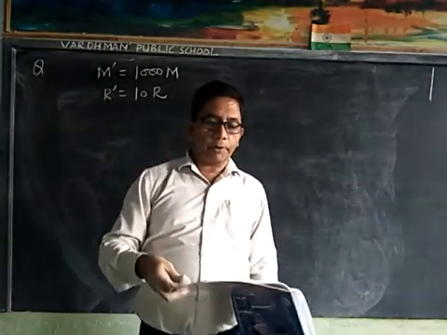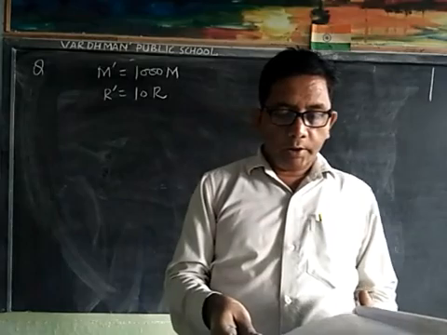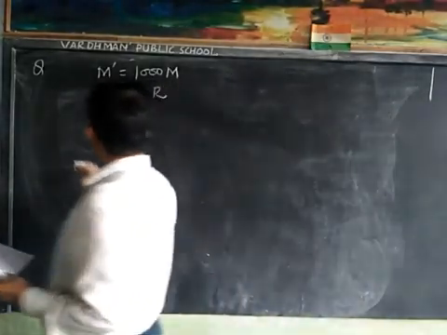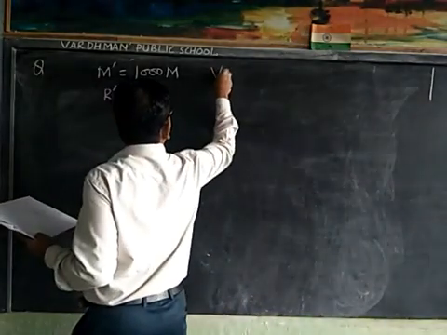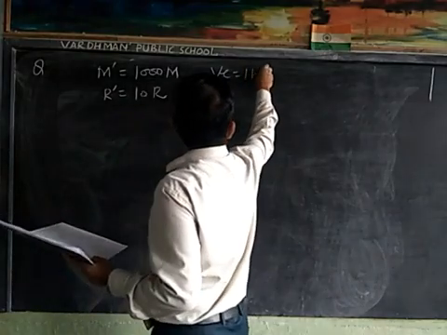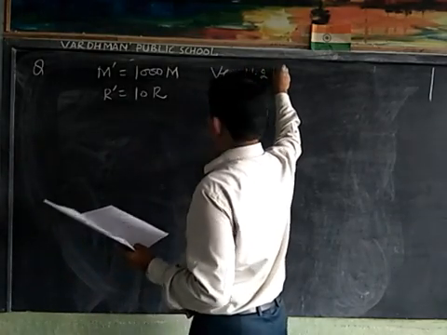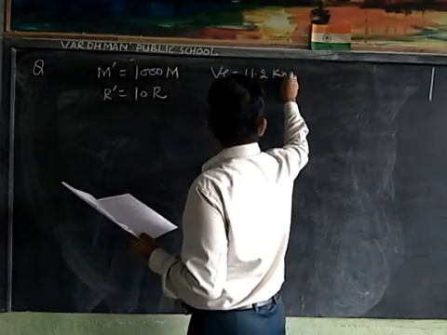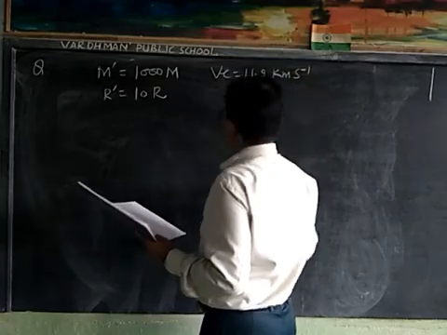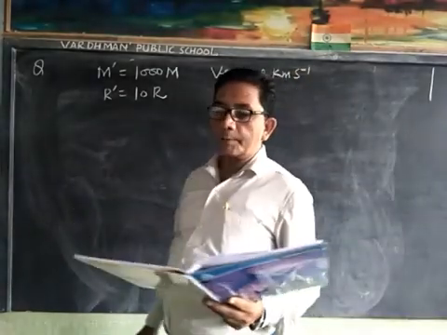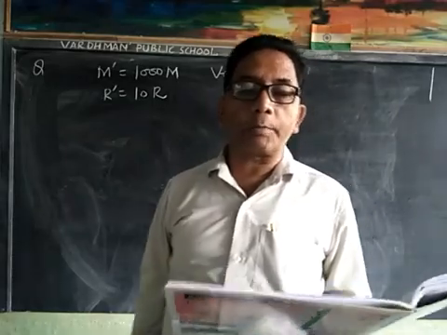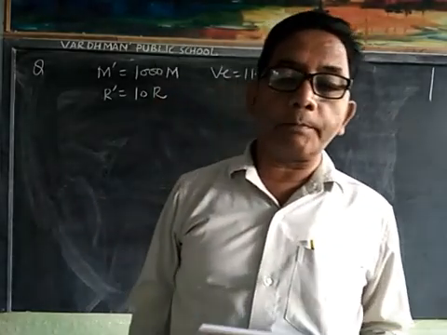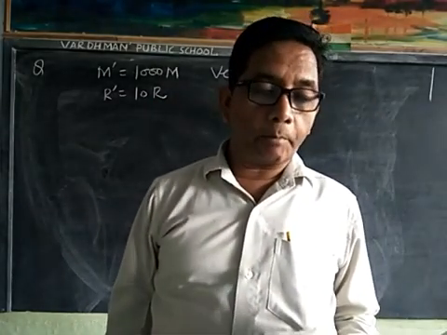The escape speed of the Earth, that is VE, is 11.2 kilometer per second.